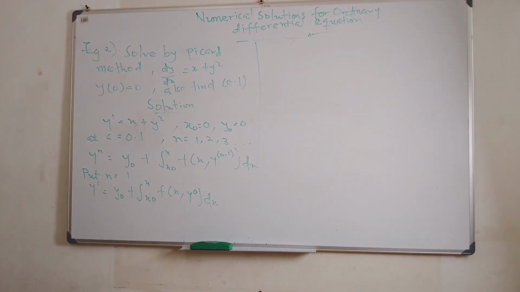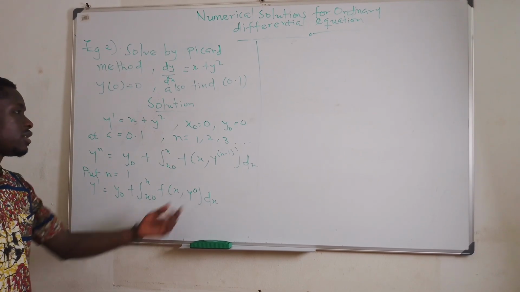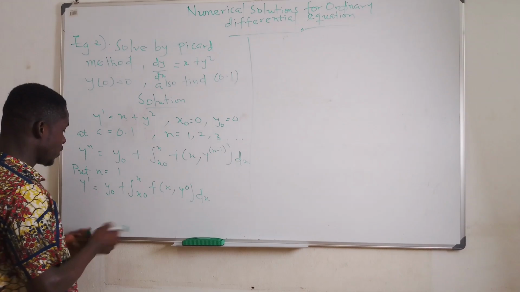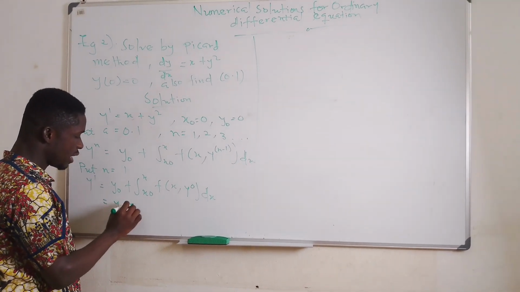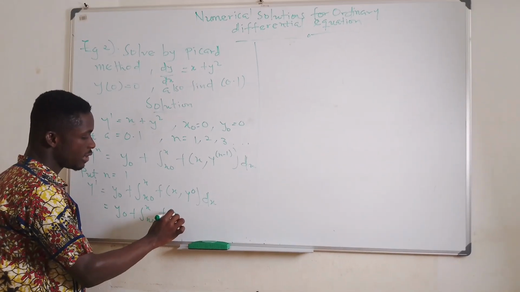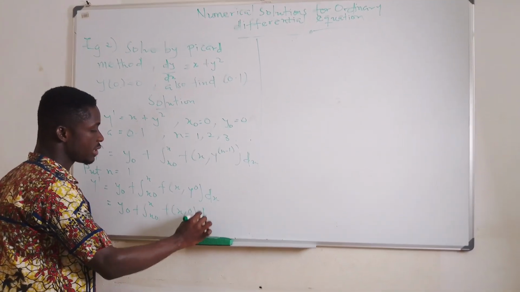As I said earlier, y 0 is the y naught that we have, so here it will be 0. So we have y naught plus the integral from x naught of f of x comma 0 dx.